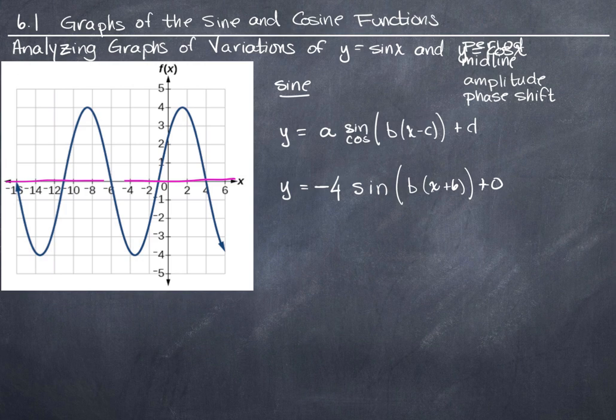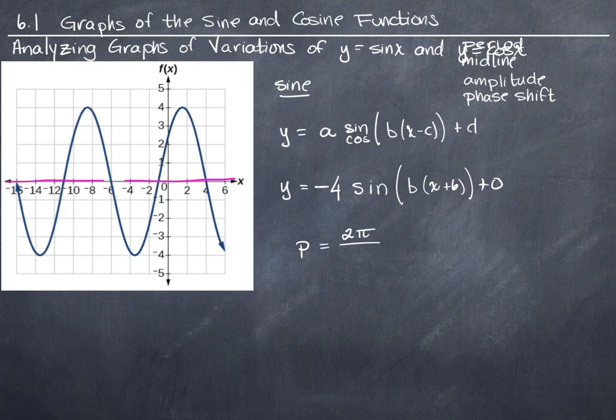And I'm going to give period the abbreviation P. Normally it's 2 pi. On an unmodified graph of the sine function, it would be 2 pi. Here it's not, and so we have to figure out how we're going to chop up 2 pi in order to get the period that we're expecting, okay?